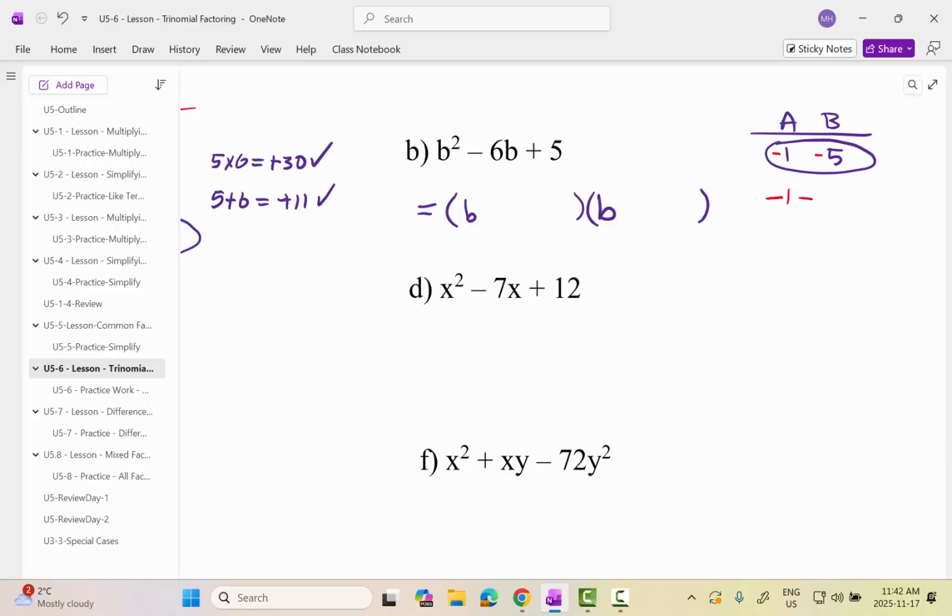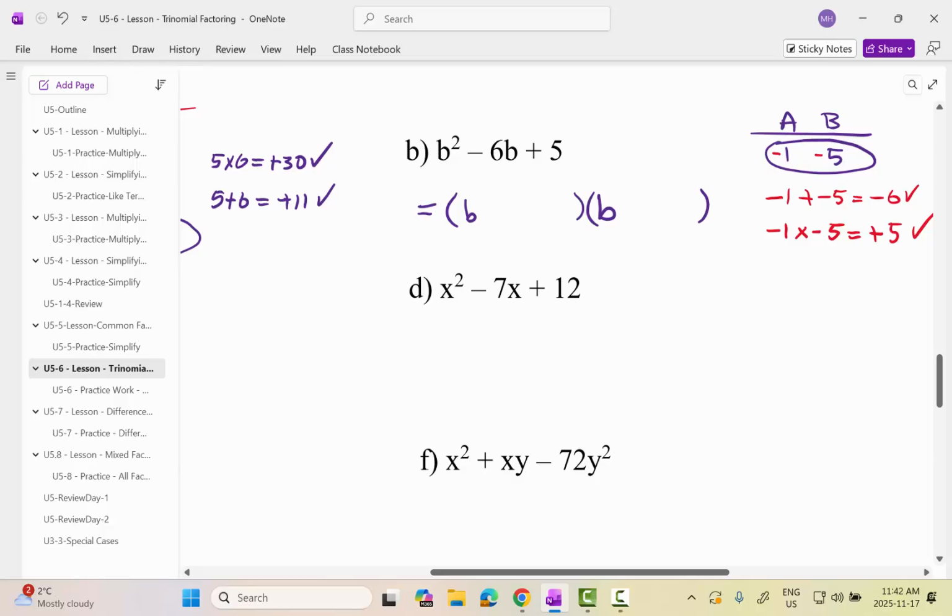Negative 1 plus negative 5 gives you negative 6, and that checks out. And you have to also check that negative 1 times negative 5 gives you what? Positive 5, right? And that checks out too. Is that okay? So then that means that we are supposed to put what? Negative 1 here and negative 5 here.